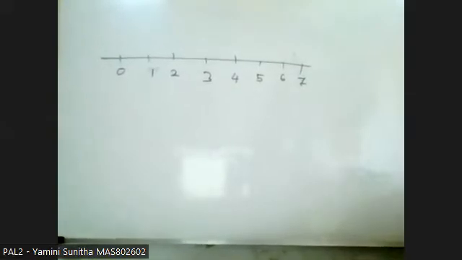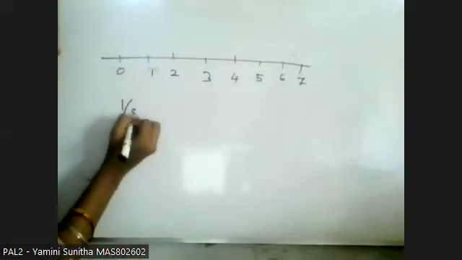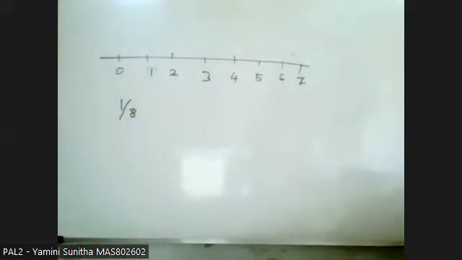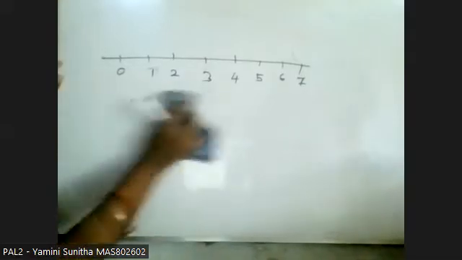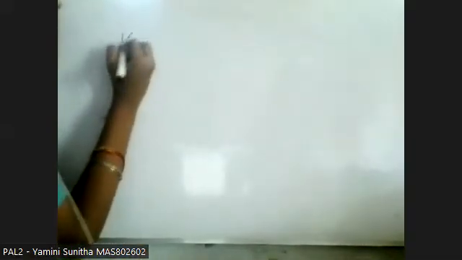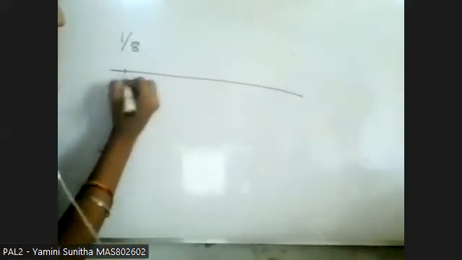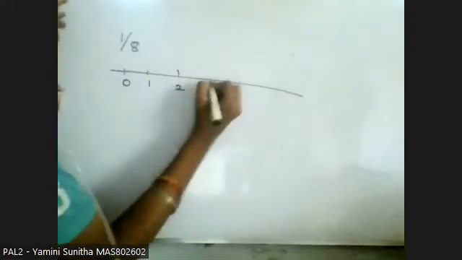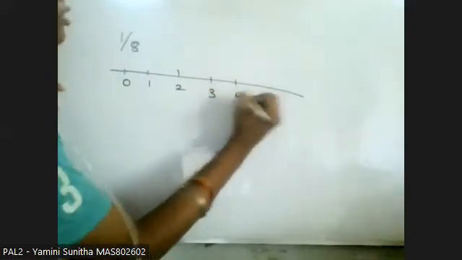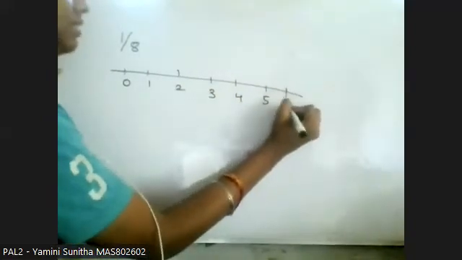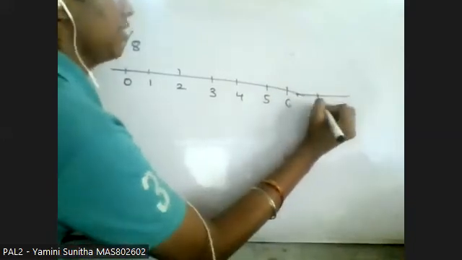If they ask to represent 1 by 8 on a number line, how do we represent it? I will tell you a small way. The question is: represent 1 by 8. First step is to write 0, 1, 2, 3, 4, 5, 6, 7, 8.